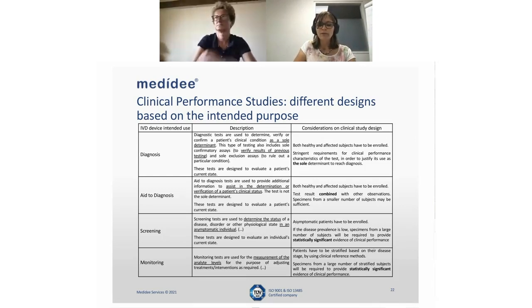So it's really important as well to think beforehand of exactly what you need to demonstrate as part of your performance evaluation in order to collect the correct clinical data, and as well to have good statistical significance for its intended purpose.